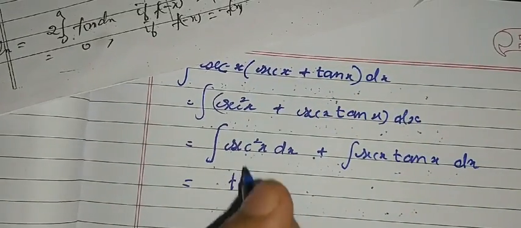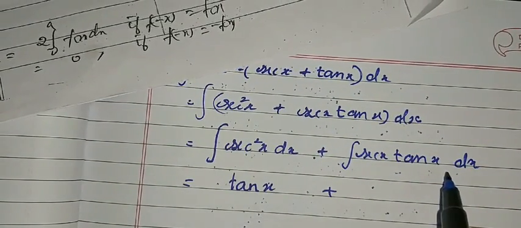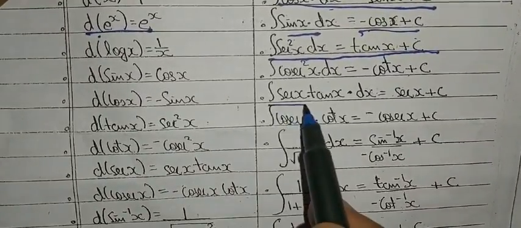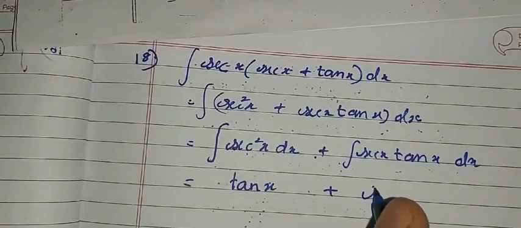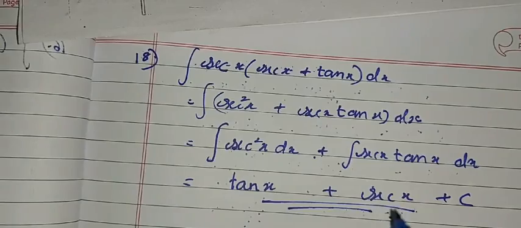So here tan x, and what is the integral of sec x tan x? Integral of sec x tan x is equal to sec x plus c. So sec x plus c. This is the final answer.